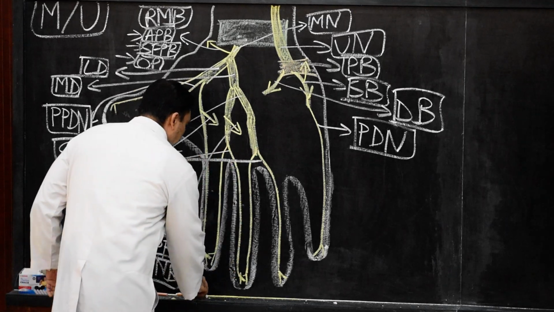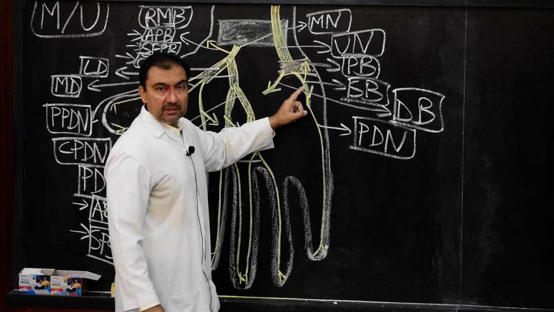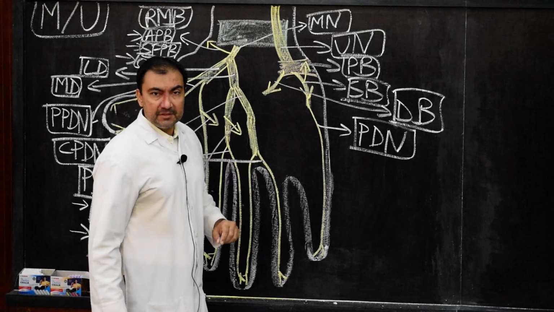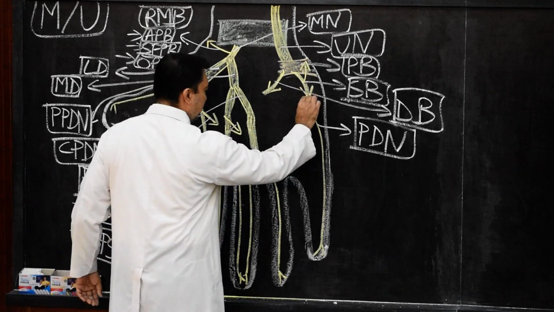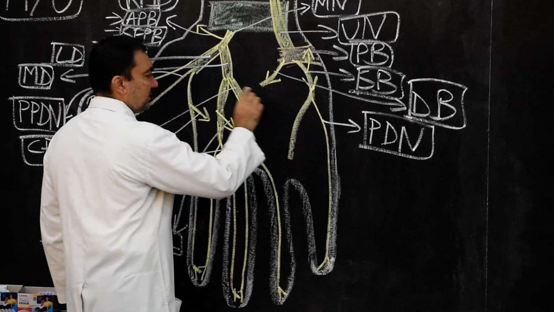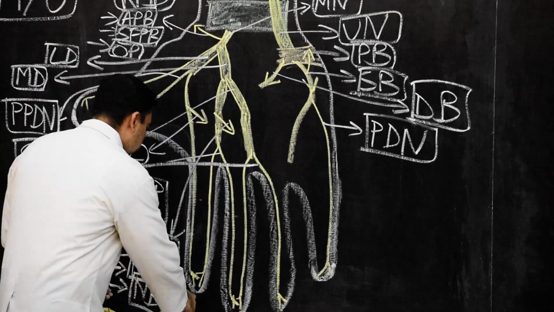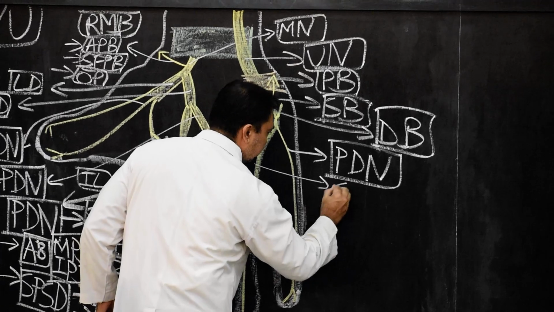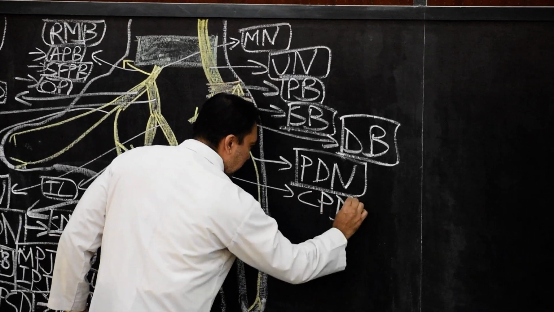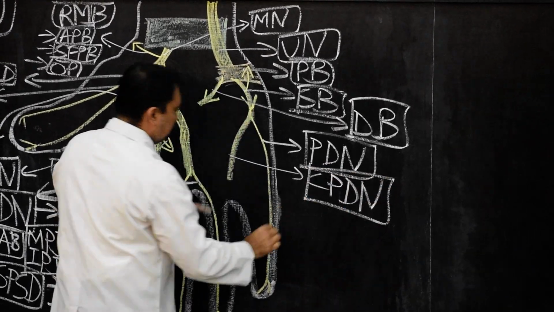The second branch which it will give, remember we are focusing on the superficial division, will be the common palmar digital nerve. So therefore here we mention this as common palmar digital nerve.